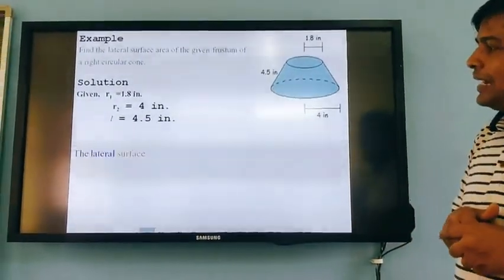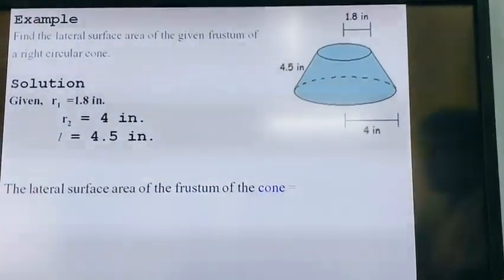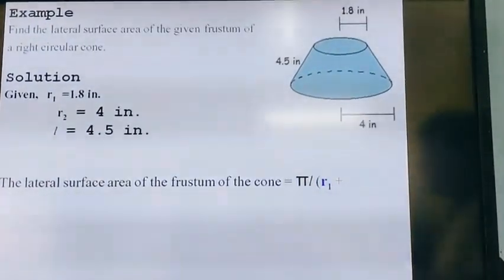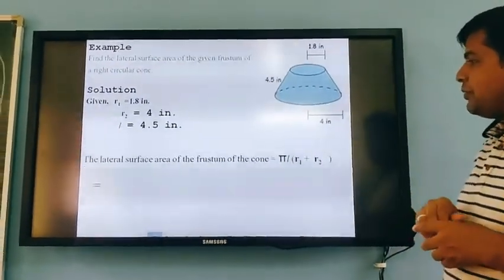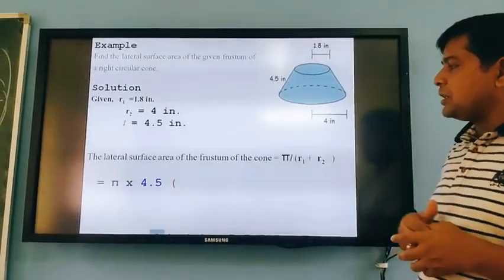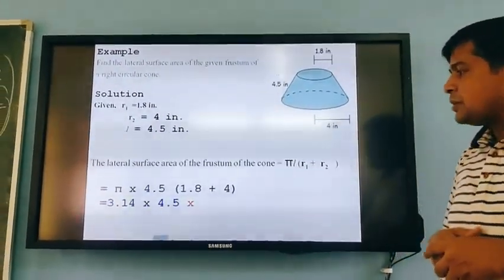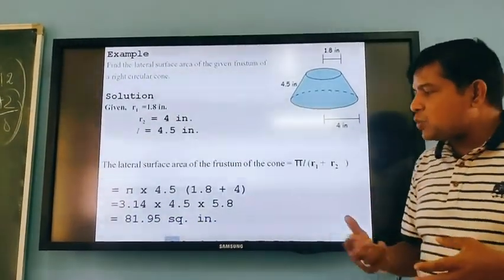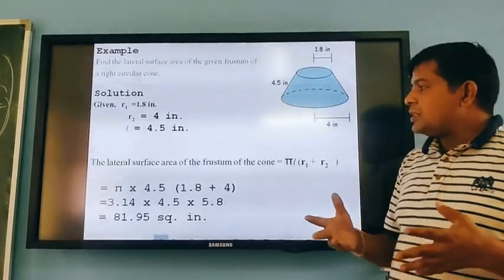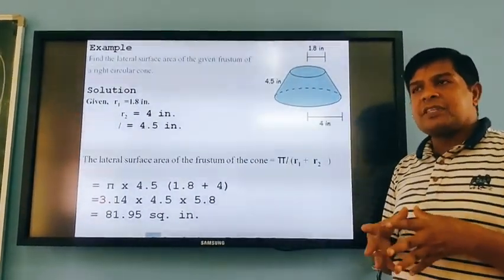The lateral surface area, meaning the curved surface area of the frustum of the cone, is pi L (R1 plus R2). By putting in all the values, we find the lateral surface area of the frustum of the cone, which will be 81.95 square inch. So these are the topics under the chapter of surface area and volume.